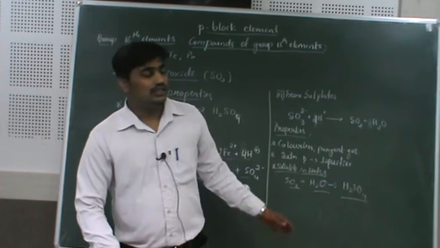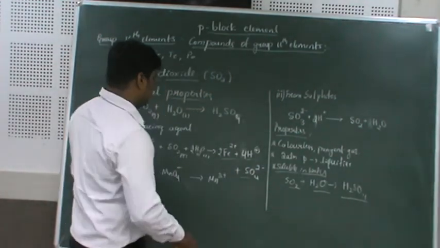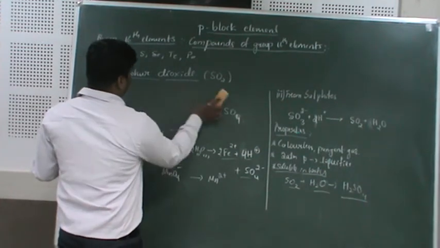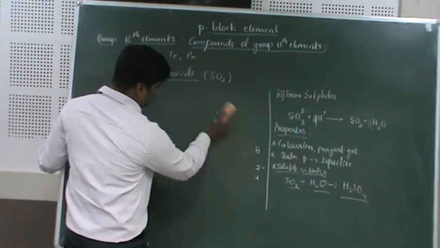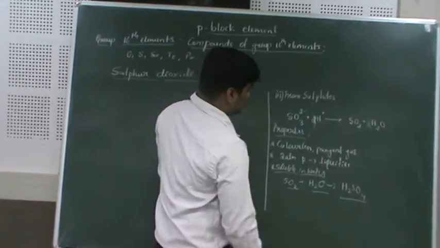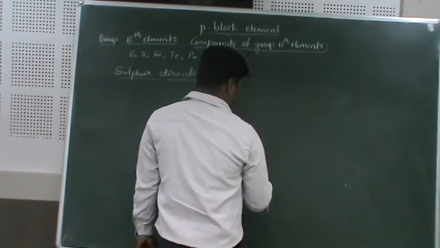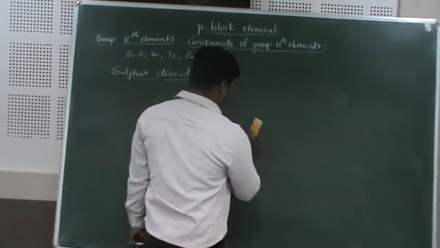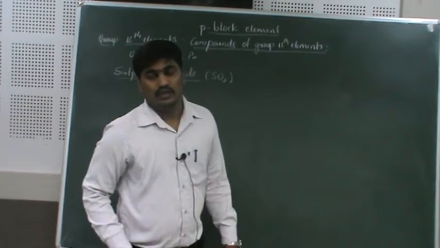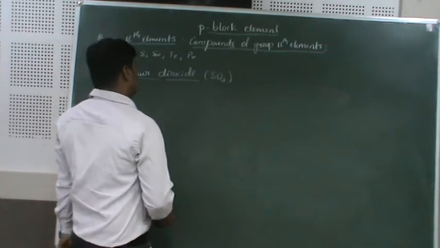So these are the things under sulfur dioxide. Next we move on to the compounds of sulfur. Students, the uses of sulfur dioxide and sulfuric acid are nearly the same, and the uses are not important for your exam point of view. For the knowledge point of view we need the uses.